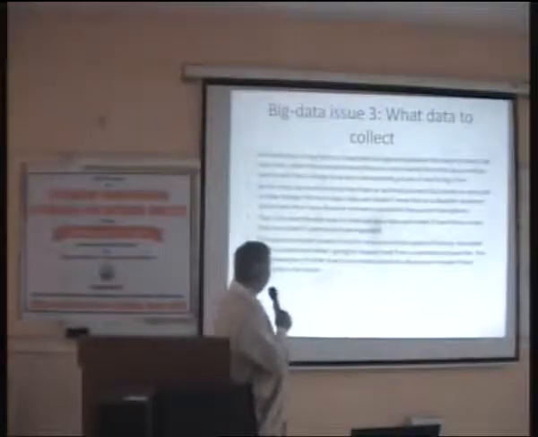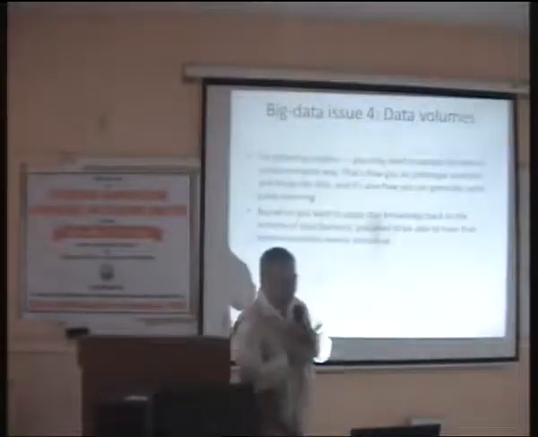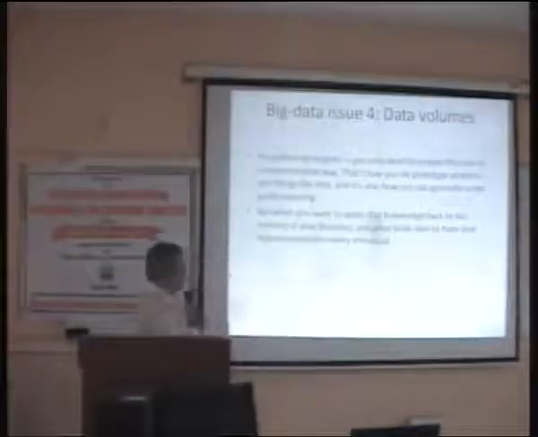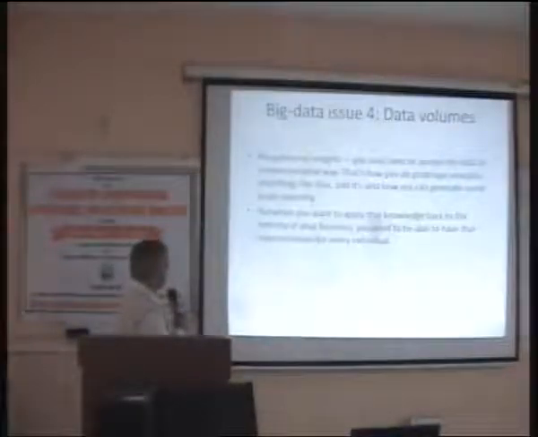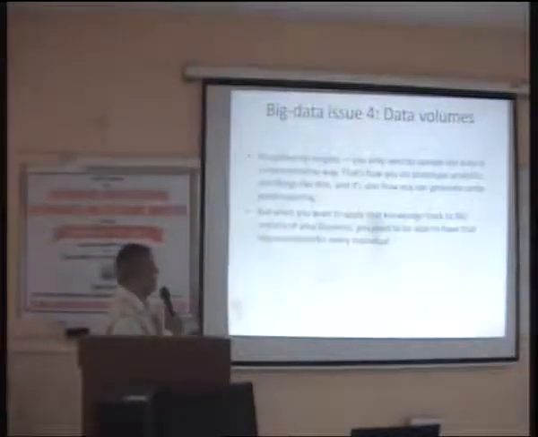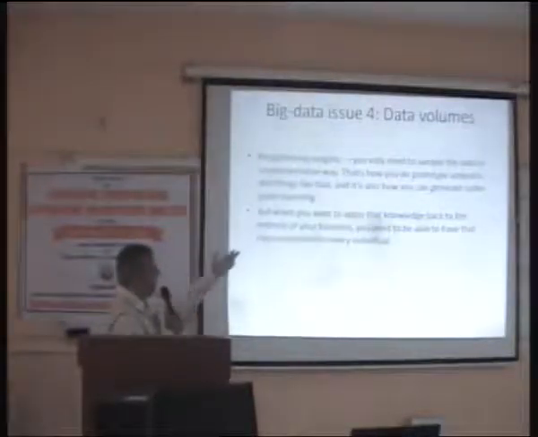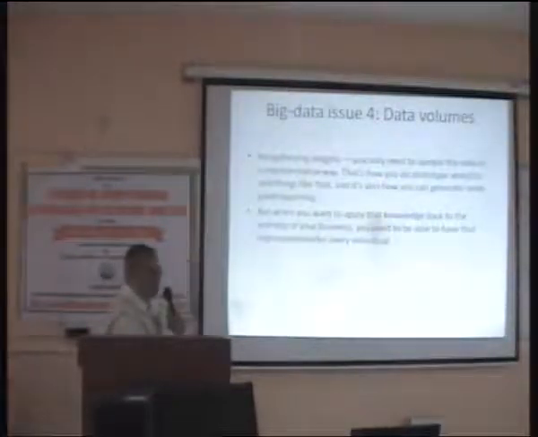Then, what data to collect? I think this slide is on. Yeah. The fourth issue is data volumes. What happens is that we take samples of the data in a representative way and then perform some analysis, prototype analytics, and we get some reporting out of it.